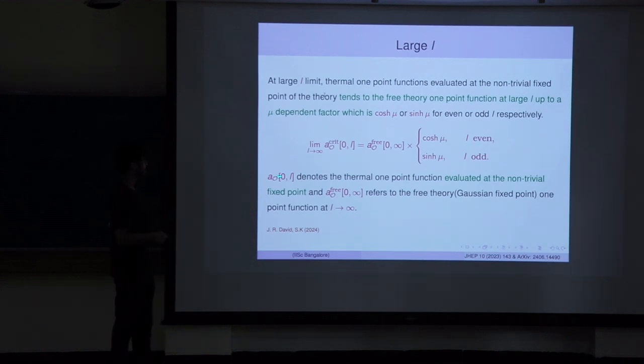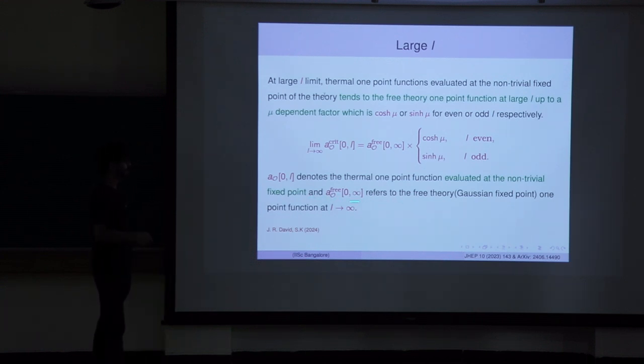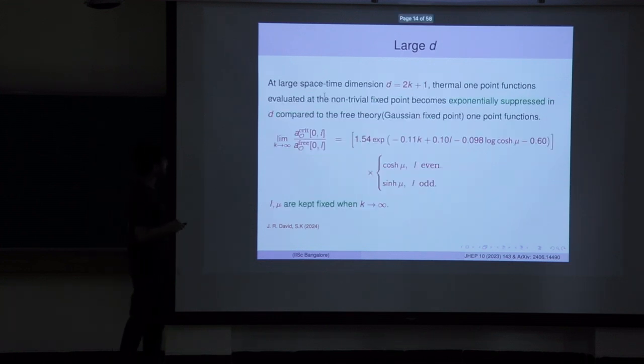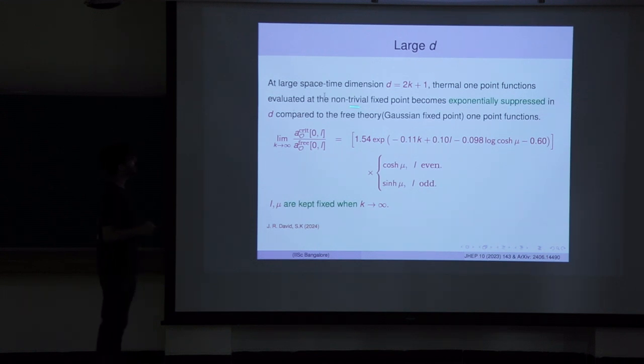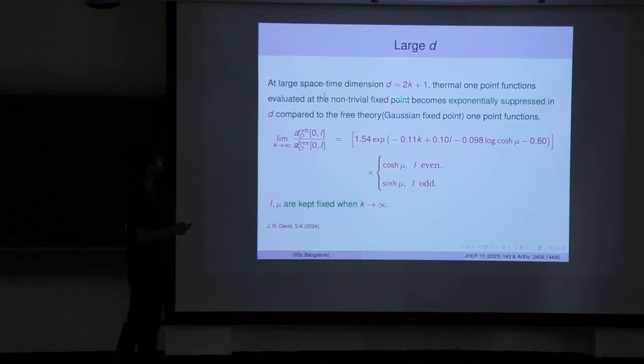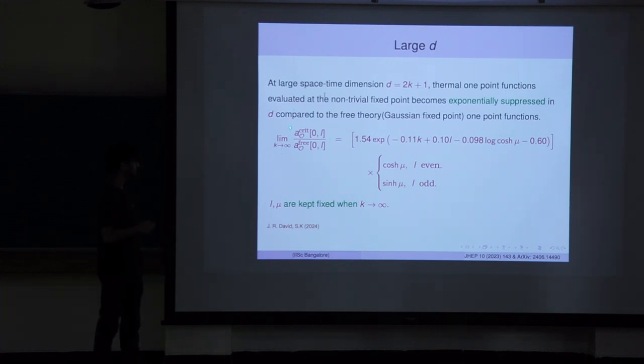And I should mention that this A_free is the large L asymptotic thermal 1-point function for the free theory. Okay, so the next observation is that for large space-time dimension, the thermal 1-point function evaluated at the non-trivial fixed point becomes exponentially suppressed in D compared to the free theory. So you evaluate the ratio of the thermal 1-point function at the critical point, or the non-trivial fixed point, divided by the free theory 1-point function, and you take the large K limit.